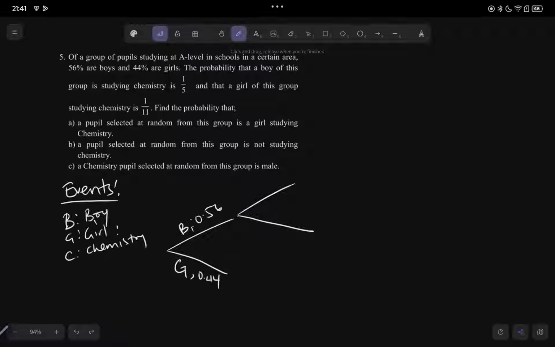A boy studying chemistry, that is probability of chemistry given is a boy.